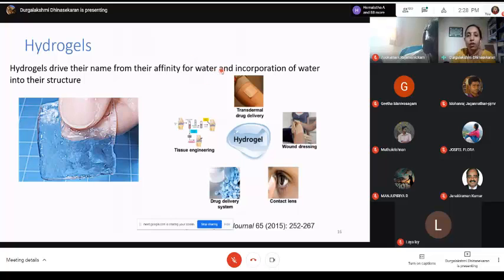The water can also be replaced with drugs or some dermal ointments. We can load them in the hydrogel and use it for external and also internal applications. Recently, most of the work is on external use. In the future, they are thinking of drug delivery systems. So here, dermal drug delivery, wound dressings, contact lenses and everything, they are suggesting these hydrogels.